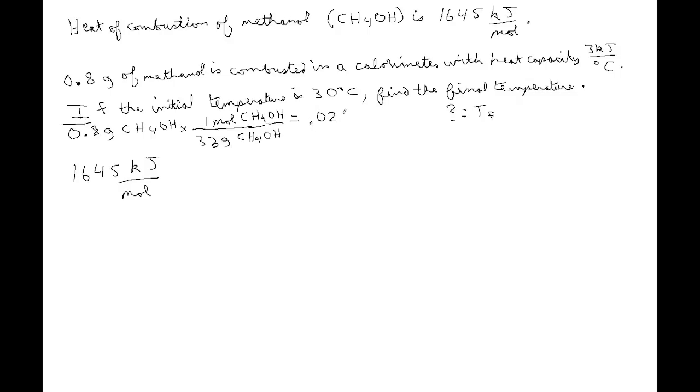So we take 0.024 and multiply it by 1645 kilojoules per mole. That gives us 40 kilojoules released. And then we can multiply that by 1,000 to get 40,000.